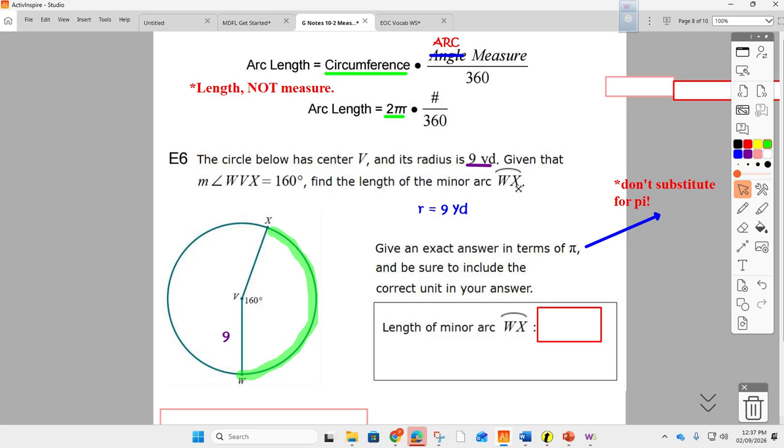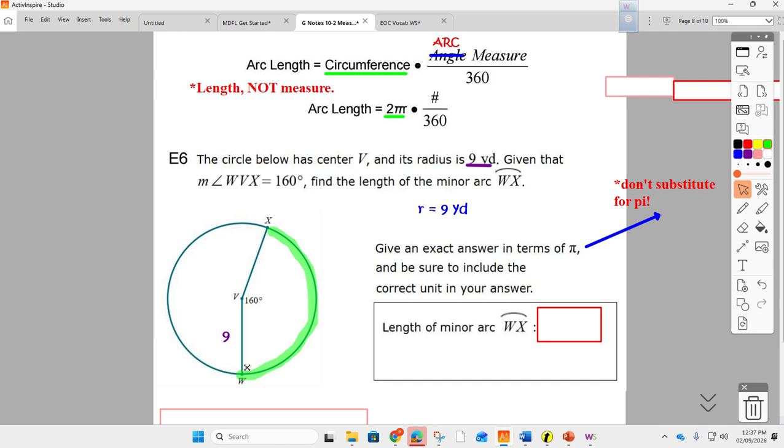So go ahead and highlight your arc on your paper. And really what we need to know is, what part of the circumference is this arc? Well, the way we find that is the measure of the arc divided by the total degrees in the circle.